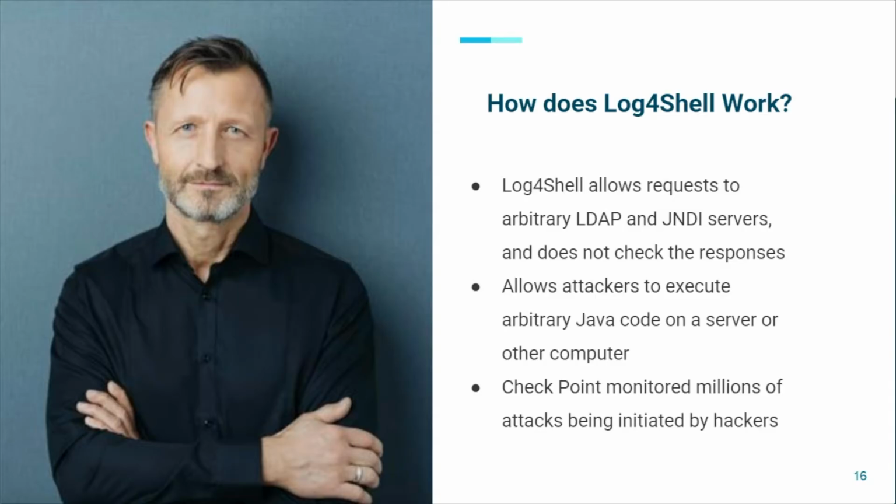So how does Log4Shell actually work, and how is it affecting Log4j? The vulnerability takes advantage of Log4j sessions, allowing requests to arbitrary LDAP and JNDI servers and not checking the responses. This allows attackers to execute arbitrary Java code on the system or leak sensitive information about the device.